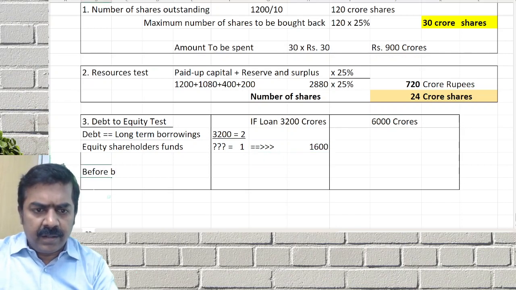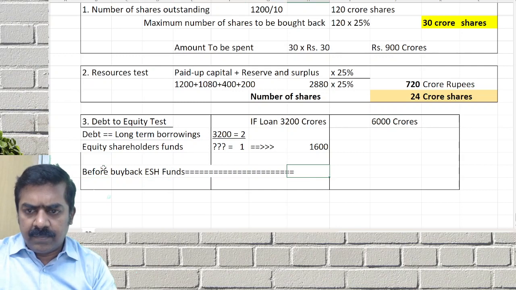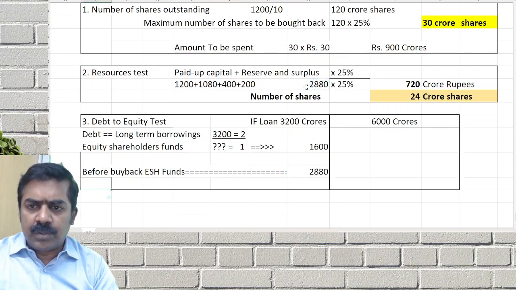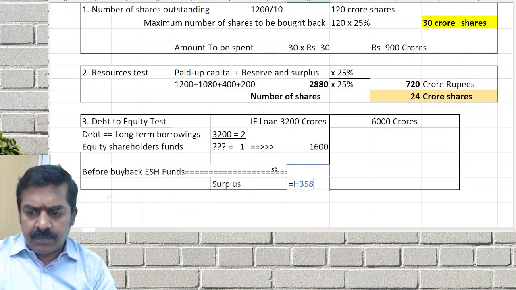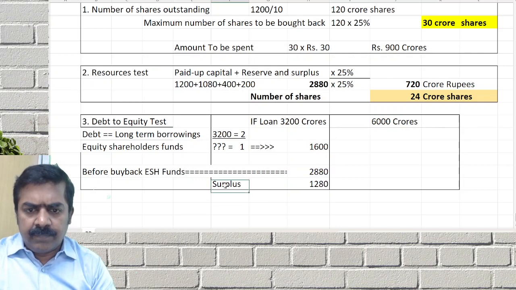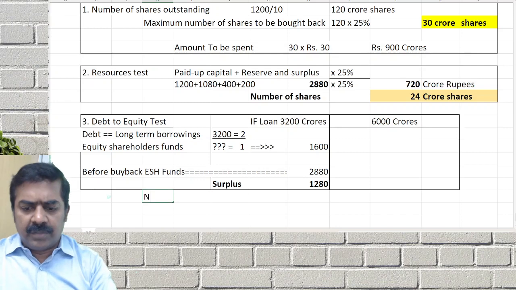Before buyback, equity shareholders funds, we worked out in the previous step: 2,880. So surplus funds are 1,280 available.